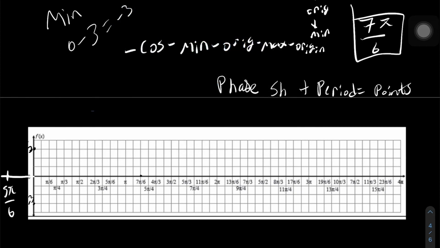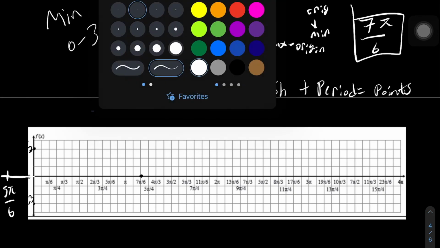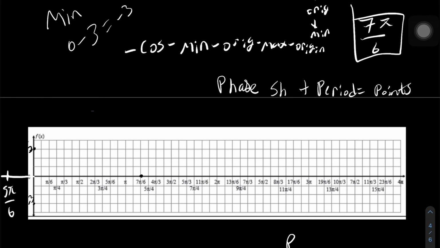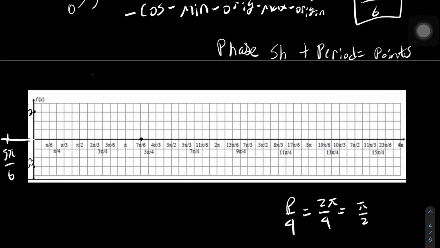All right. So now we're going to do the same method where we do period over 4 to get our points. So period over 4 is 2 pi over 4, which is just pi over 2, or just 1/2 pi. So now we're going to do our phase shift plus our point. Our phase shift is going to be our first point, essentially.